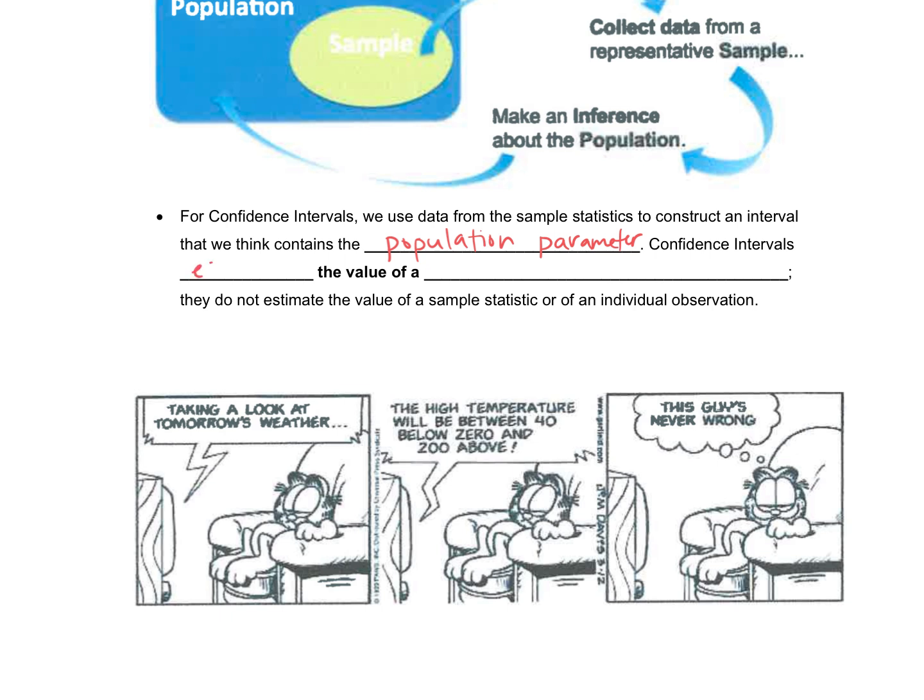Confidence intervals estimate the value of a population parameter. They do not estimate the value of a sample statistic or of an individual observation. So when you're talking confidence intervals, we are talking about the population, not the sample or an individual.